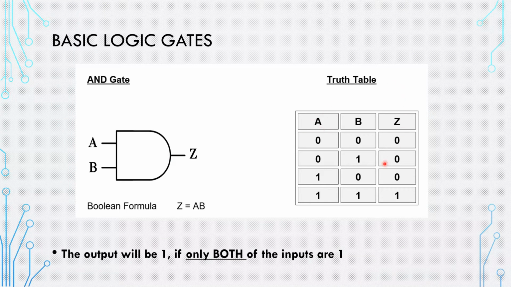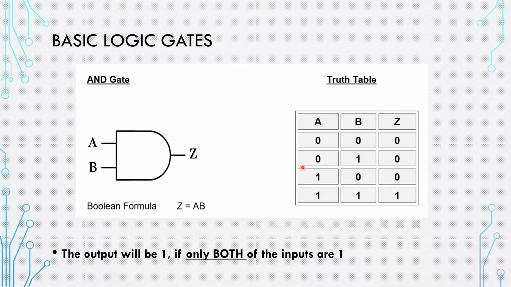Now I will build the truth table and study what happens for each input situation. Either both of them are 0, or the second one is 1, or the first one is 1, or both of them are 1 at the same time.